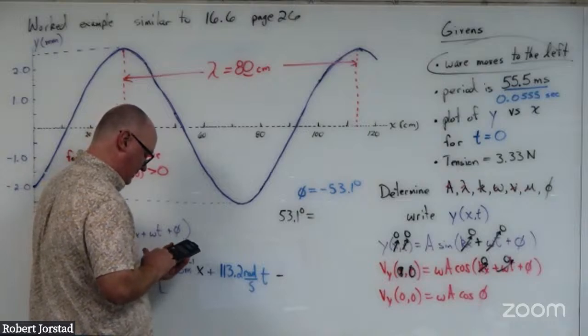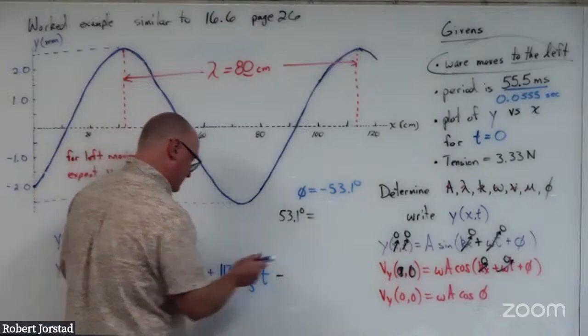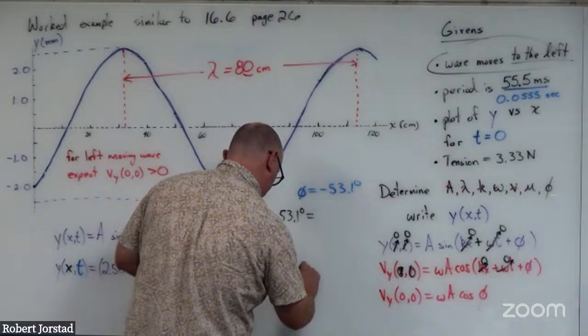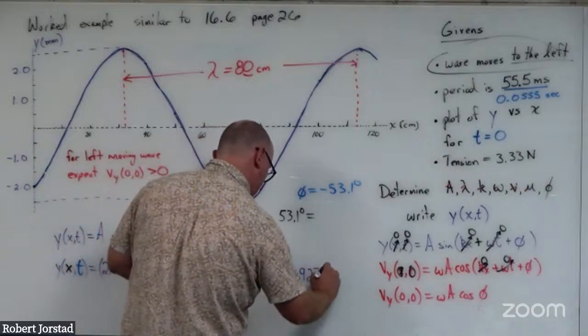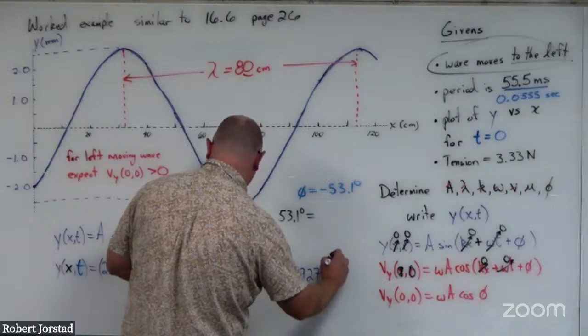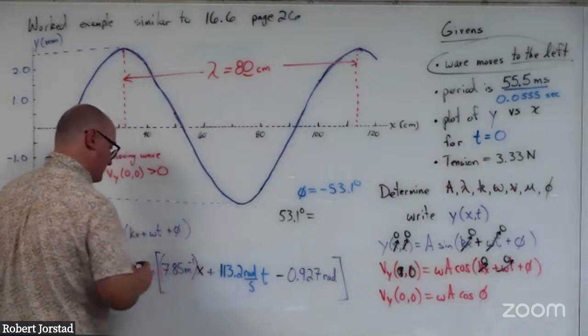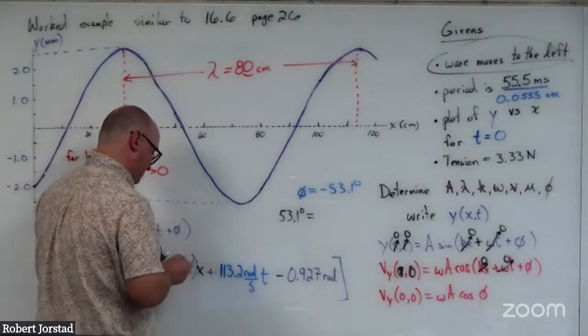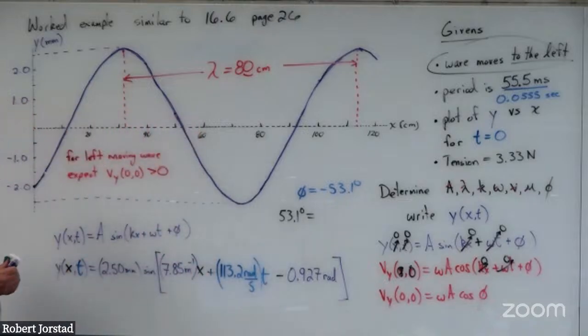Pi over 180, minus 1, 2. And then maybe I'll put parentheses around that. All right, so there's our wave equation, and I hope that that's the shape of this wave as a function of time.